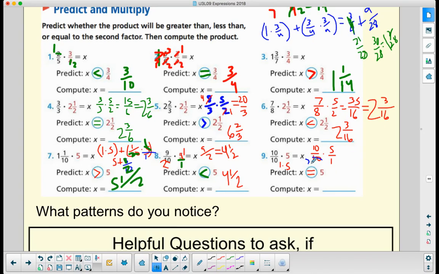There are 2 5s in 10 and 1 5 in 5. 10 multiplied by 1 is 10. 2 multiplied by 1 is 2. Every 2 halves is a whole. There are 5 2s in 10, so it would be 5. Either way, I got 5, or equal.